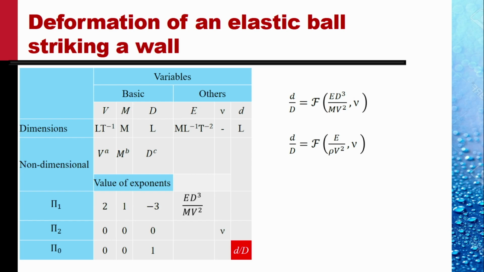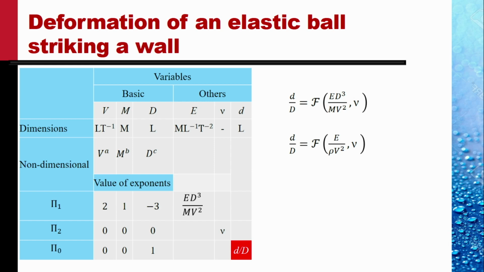Usually, this can be written as m divided by D cube, the mass divided by the diameter cube, which is like density, because mass is density times volume, and volume is like D cube. So D cube by m is like 1 over rho. So lowercase d by capital D is a function of E divided by rho v square, where rho is the density of the material.